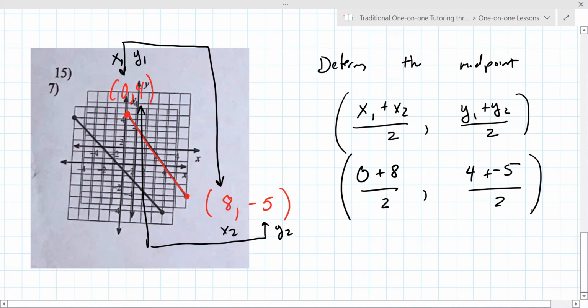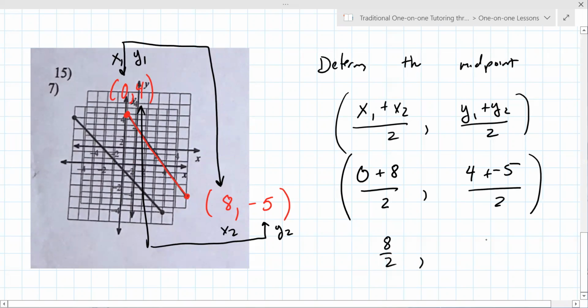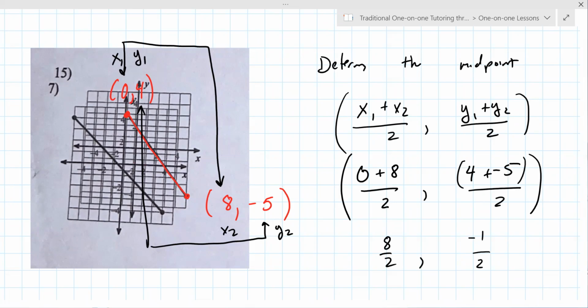Okay, so can you reduce those for me, please? 8 over 2 and 4 over 2. You've got to add the top first, there are implied parentheses there. 1 over 2 or -1 over 2. Yes.